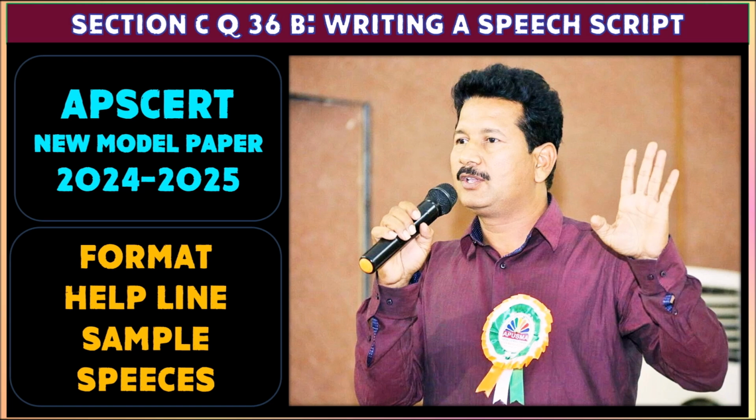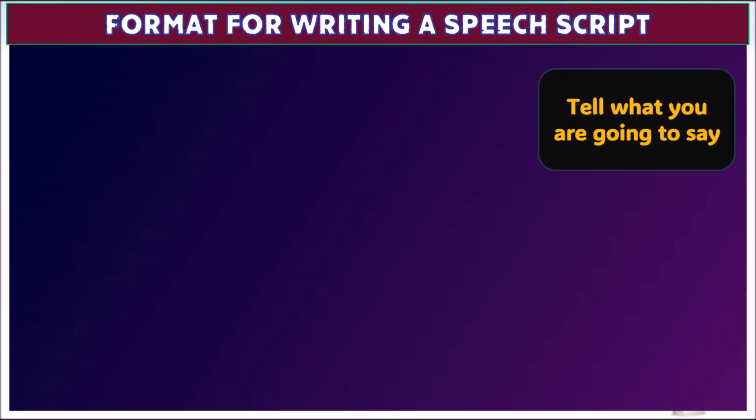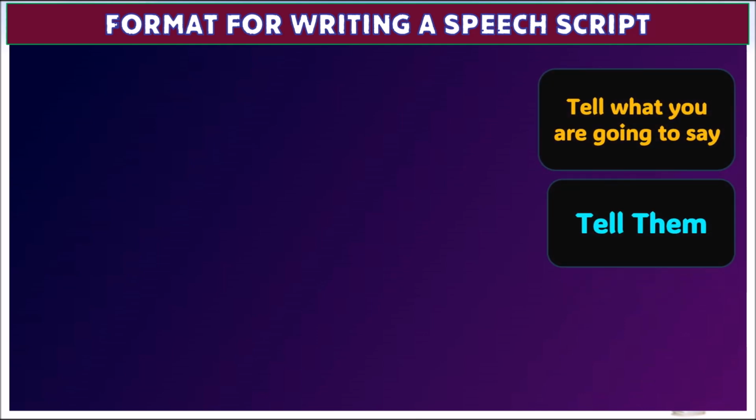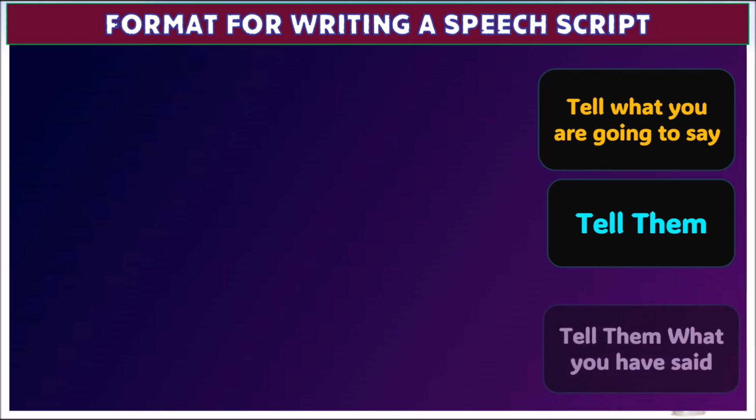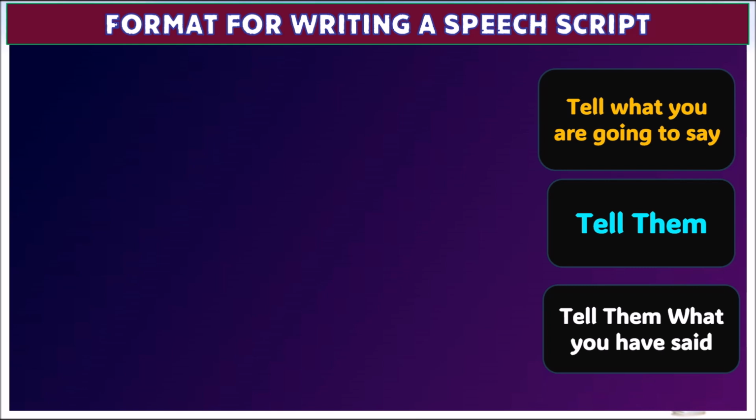Well, in today's class, we are going to learn an important topic: how to write a speech script related to question number 36, B. So first, let's look at the format. Usually when you are going to start a speech, first tell them what you are going to say, then tell them, and then finally tell what you have said.